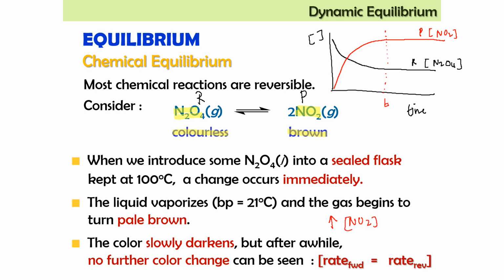NO2 is brown in colour. So your flask will slowly get darker and darker, full of brown from the NO2 gas. Until there's no further colour change seen, means the rate of forward reaction is equal to the rate of reverse reaction, means dia dah capai equilibrium.